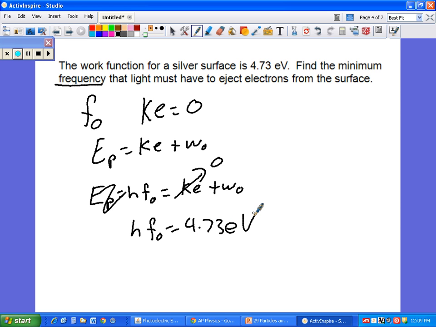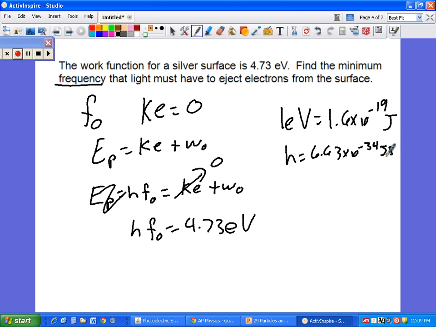We have not talked about the electron volt in a while. We did talk about it very quickly during circuits. It's the amount of energy that one electron has when you put it through 1 volt of potential difference. So 1 electron volt is equal to 1.6 times 10 to the negative 19th joules of energy. h, we saw, was 6.63 times 10 to the negative 34th joule seconds. There is, however, another form of Planck's constant.